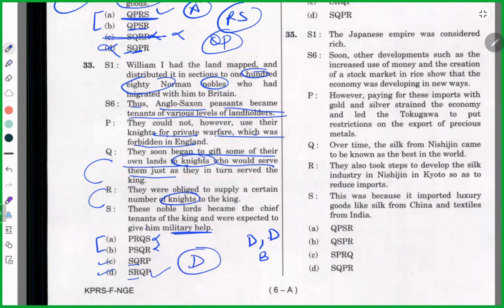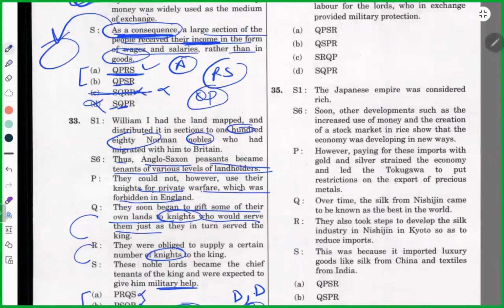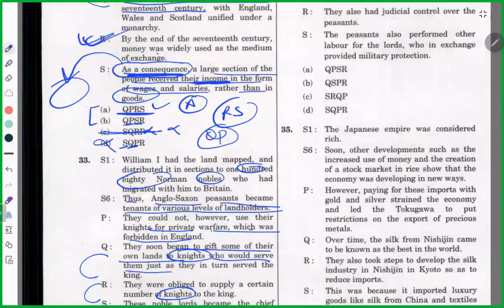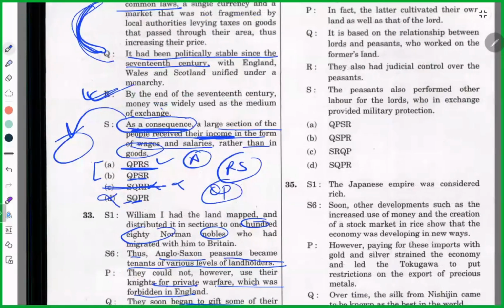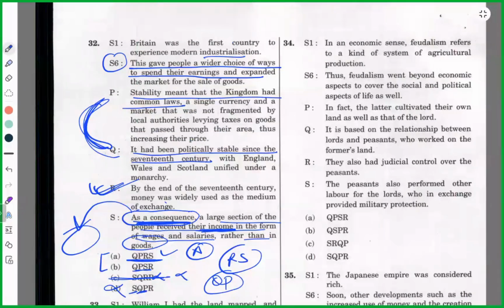I hope those who said B got the right reason to eliminate P, because P will not be the starting one. Again, use logic and the grammatical rule. Next, 34. Two questions more. Five I will give you for homework. Two more. Keep counting your score. Try this fast.